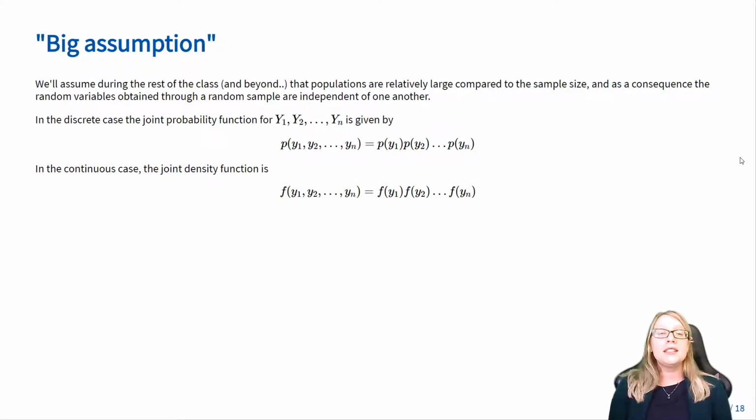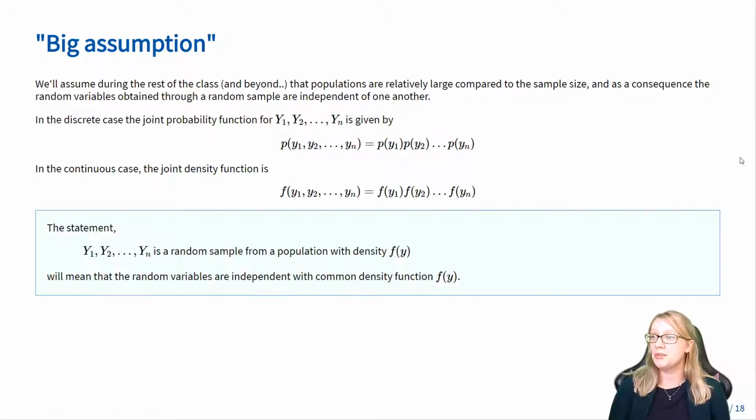So in this independence case, the joint probability function in the discrete case is the product of the probability mass functions. In the continuous case, it is the product of the probability density functions. So we can get a joint probability function for up to n random variables.